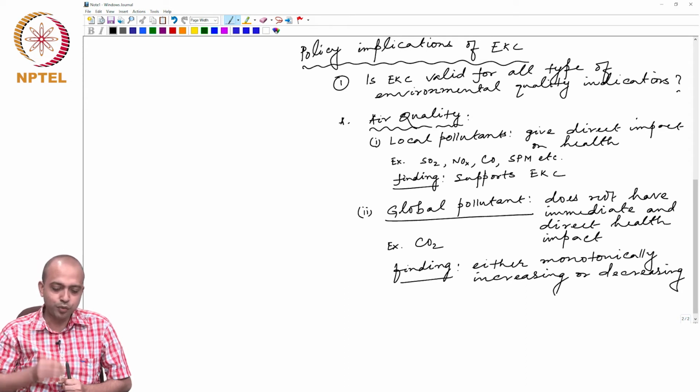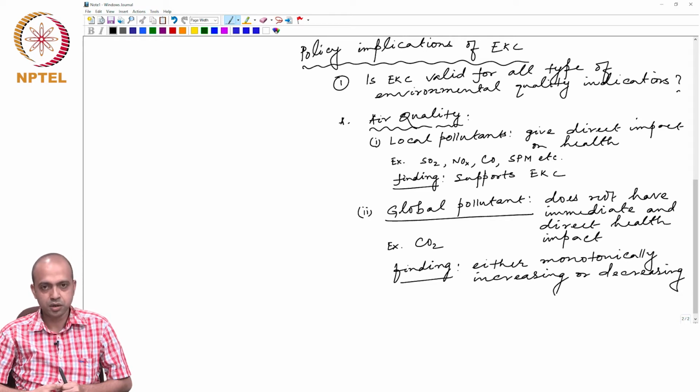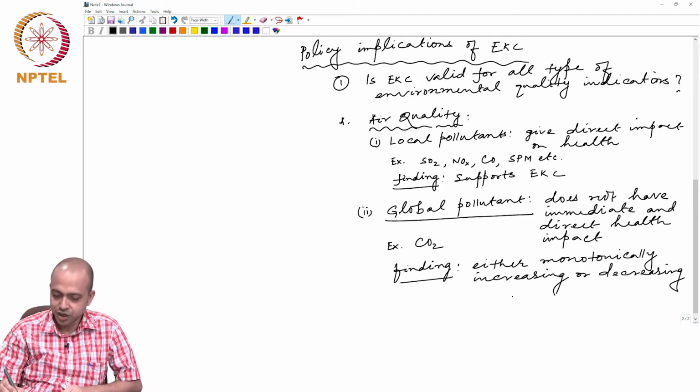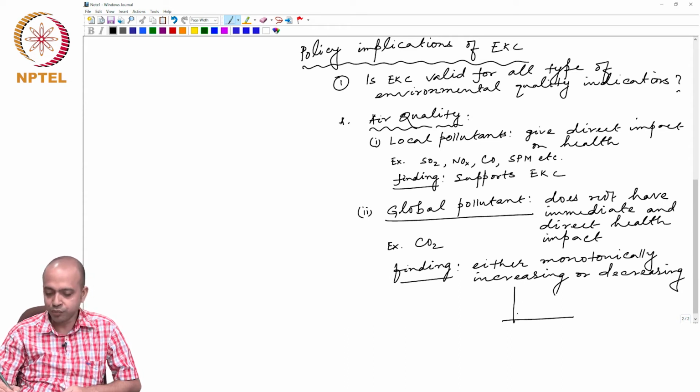But when the global pollutant, that means which does not have direct and immediate health impact, is used to measure environmental quality, then the finding is either monotonically increasing or decreasing. So, that means in the income and environmental quality plane, it can be this or this, increasing or decreasing.